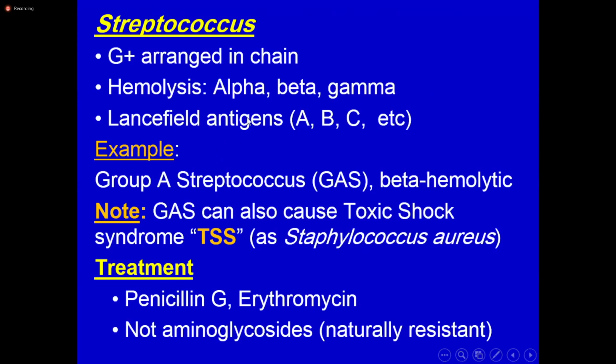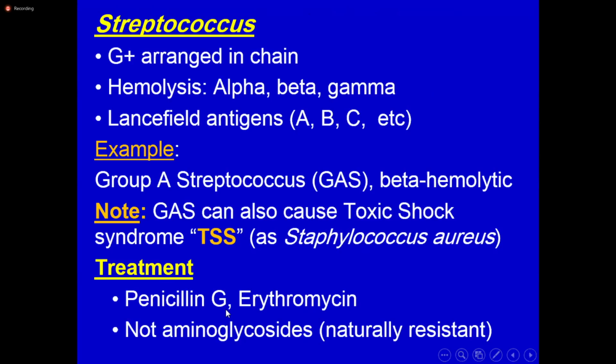Example, group A Streptococcus, beta hemolytic. Beta hemolytic يعني complete hemolysis. Group A streptococci can also cause toxic shock syndrome as Staphylococcus aureus. So remember, Staph aureus and group A streptococci can cause TSS.